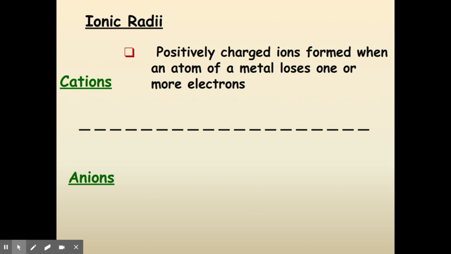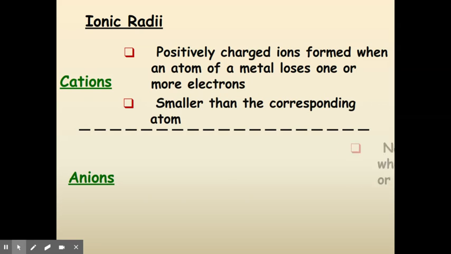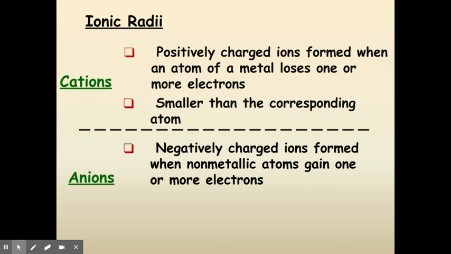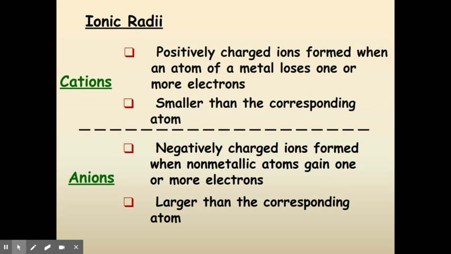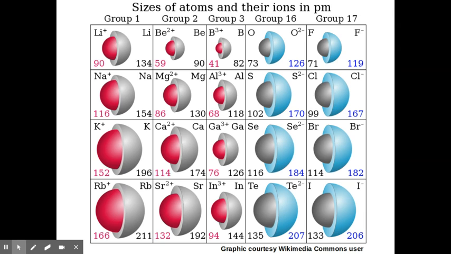And then again, we talked about cations and anions. Cations are positively charged ions formed when a metal atom loses an electron, and it's going to be smaller. Anions are negatively charged ions formed when nonmetals gain electrons, and they're going to get larger. Okay, so again, here's that picture I was using earlier with the ions.